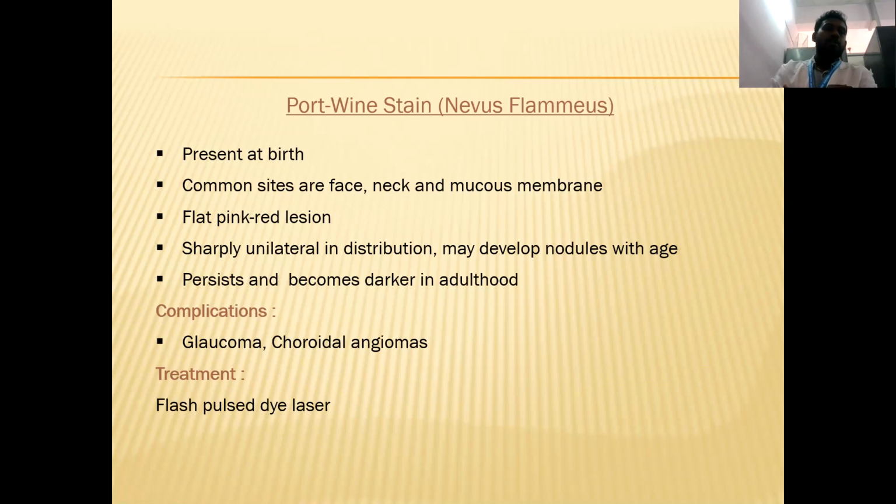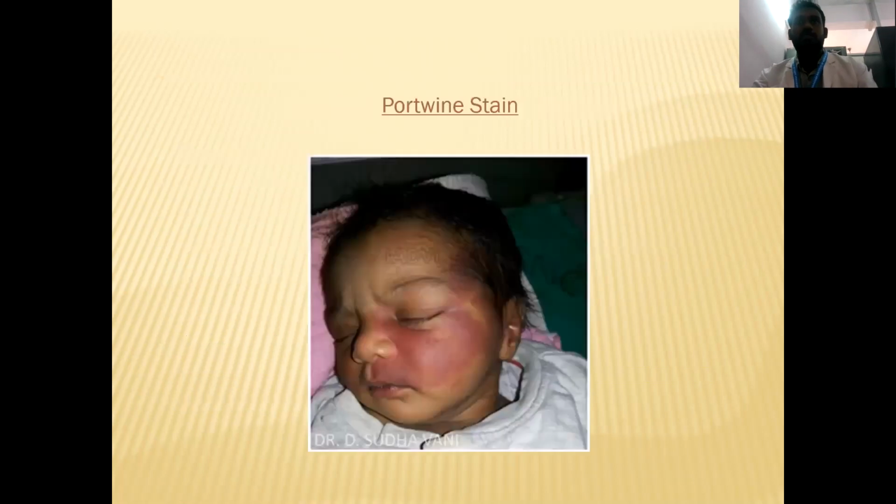One important thing is that port-wine stain will persist for a longer duration of time, and as age progresses, in adulthood, it becomes darker in color. The complications of port-wine stain include glaucoma and also choroidal angiomas. For treatment, we can use pulse dye laser.